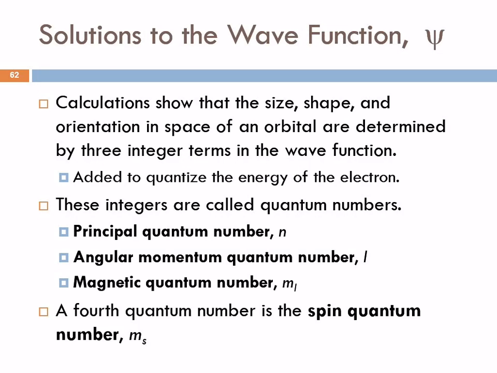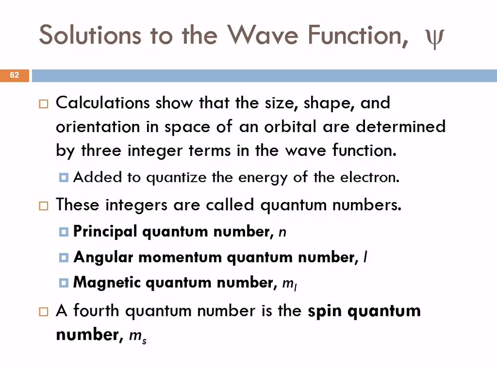So there's three whole numbers in this wave function that determine the region in which the electron can be. And these are necessary to quantize the energy of the electron.